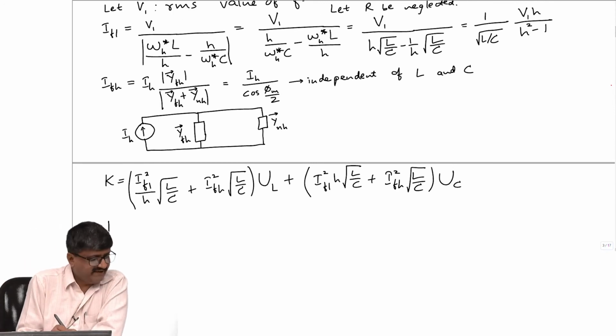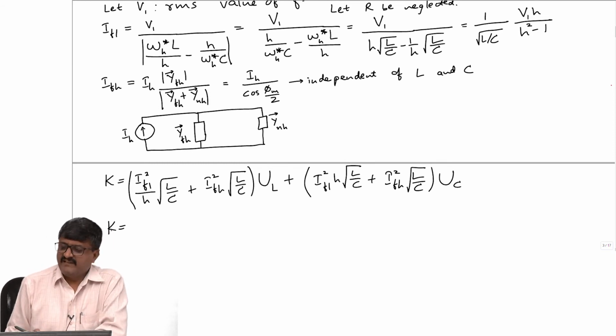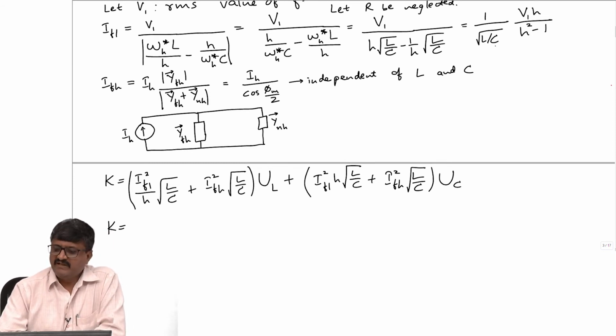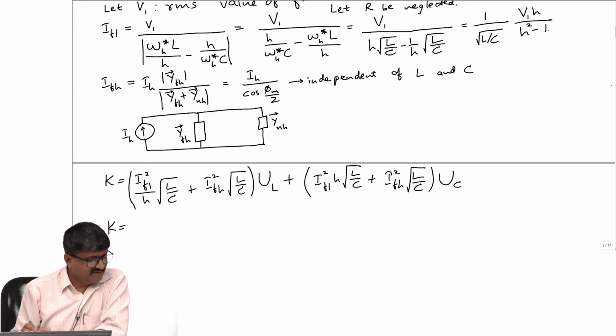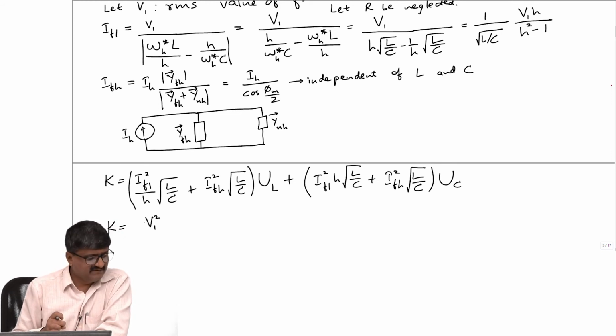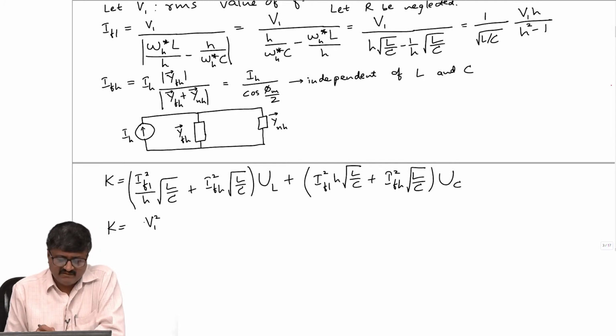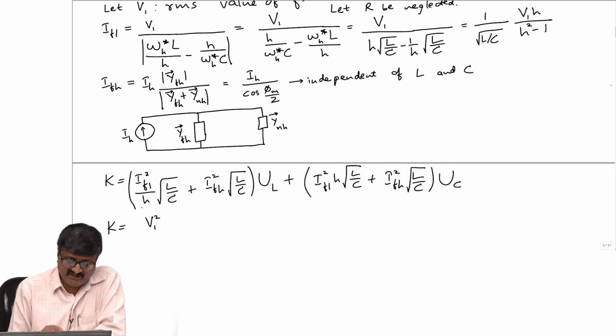So, I can write K as, substitute for I of 1. I of 1 is 1 by root L by C into V1 H by H square minus 1. So, what I get is V1 squared. There is an H in the denominator also.